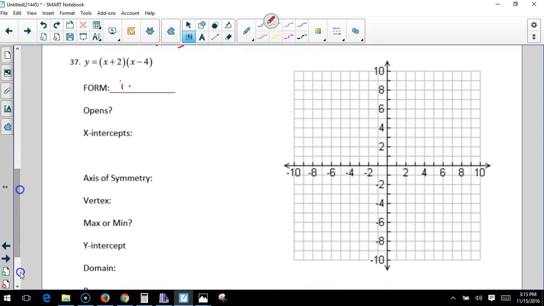Again, we have intercept form. This one's going to open up. The intercepts are going to be at -2 and +4. The axis of symmetry is going to be -2 plus 4 divided by 2. That's going to be 1.